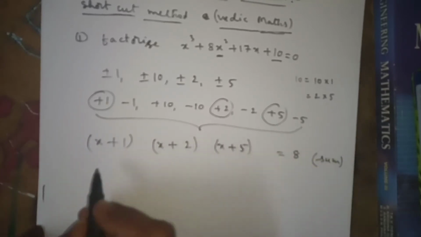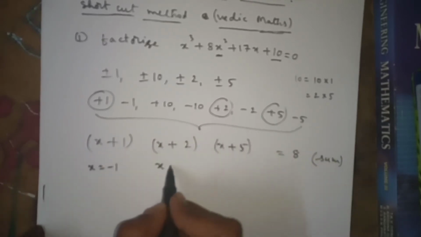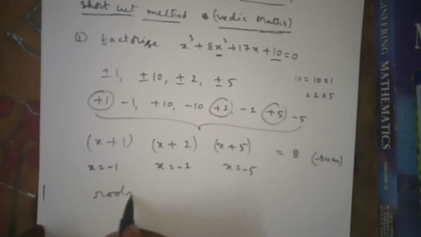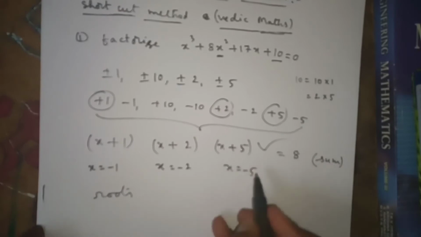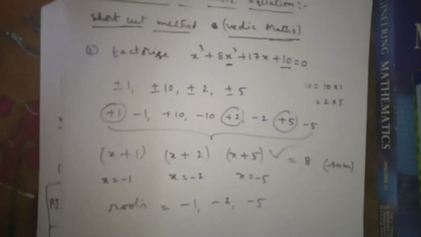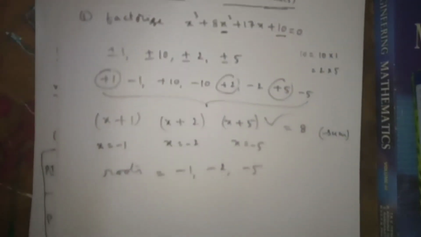Therefore x is equal to minus 1, minus 2, minus 5. These are the factors, and the roots are minus 1, minus 2, minus 5. There ends the matter. Like this you have to find.